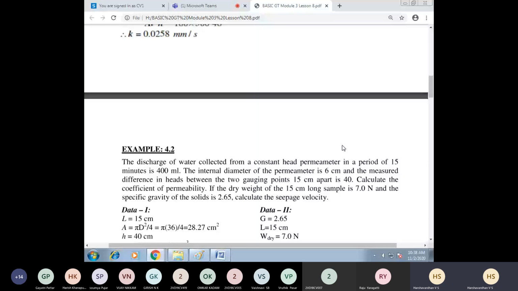Calculate the coefficient of permeability if the dry weight of a 15 centimeter long sample is 7 Newton and the specific gravity of solids is 2.65. Calculate the seepage velocity. Okay, concentrate on the first part.